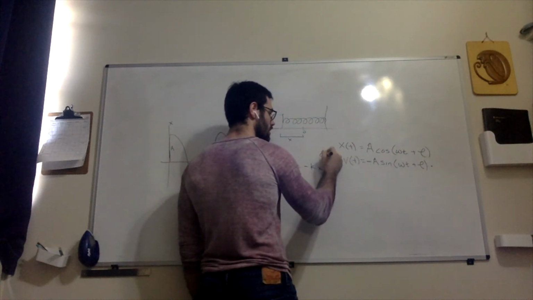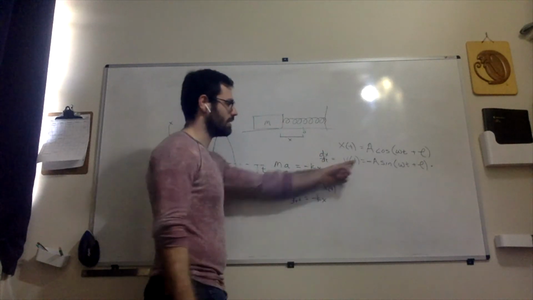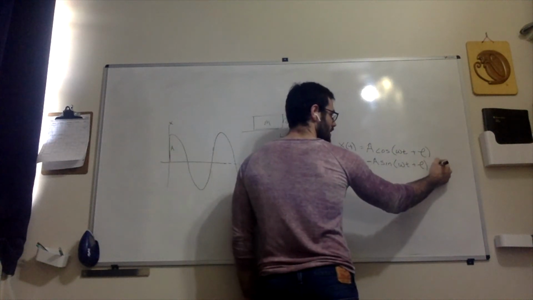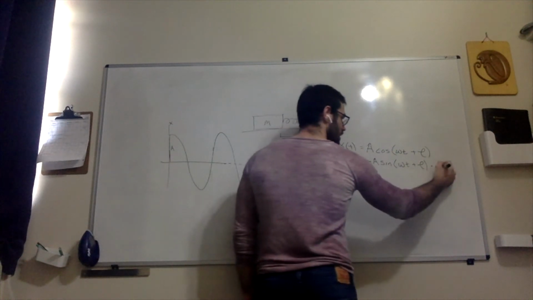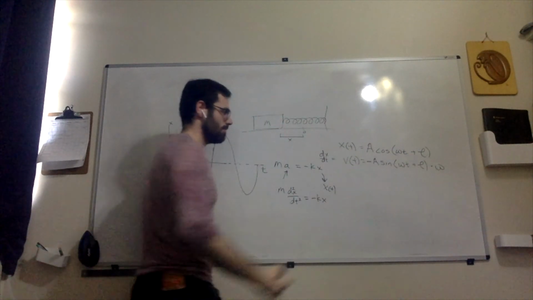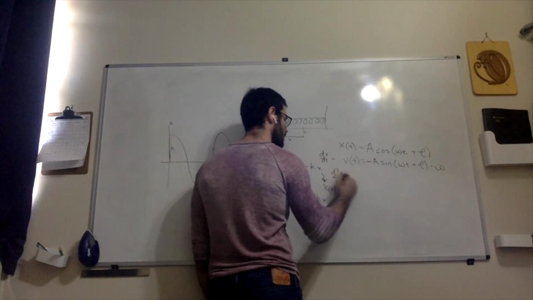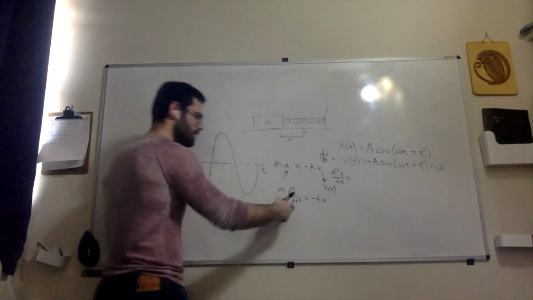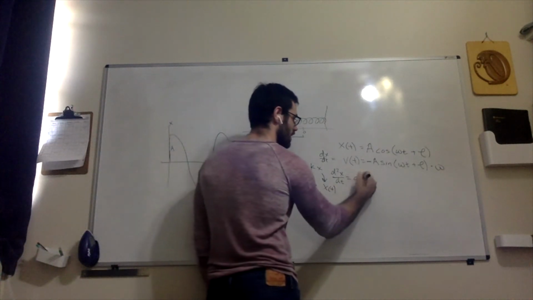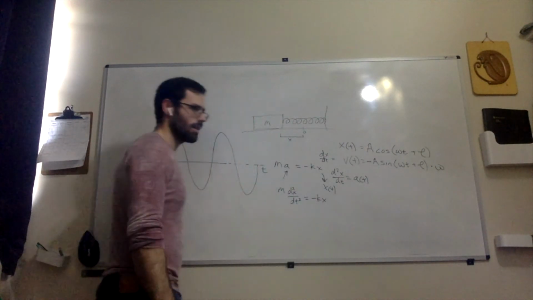Just for clarity, dx/dt is v of t, which is negative A sine of omega t plus phi, times omega. That value pulls out by the chain rule. And then the second derivative, which is something I care about very much right here, is a of t, the acceleration with respect to time.